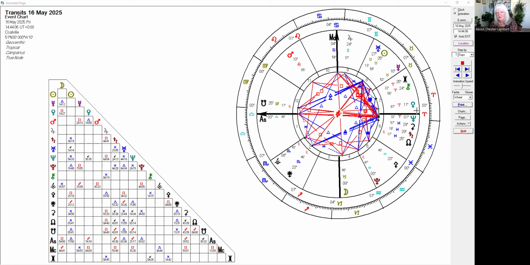So yeah, Saturn, Neptune. Oh, there's Pluto. Mustn't forget Pluto. And we've got Pluto sextile to Neptune. So you can see actually all of the degrees and the aspects here in the aspect lines.